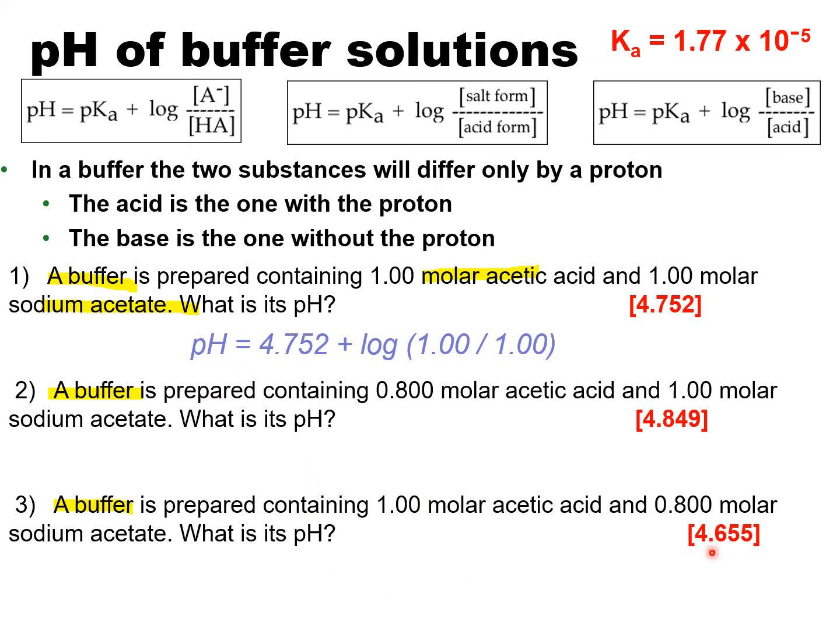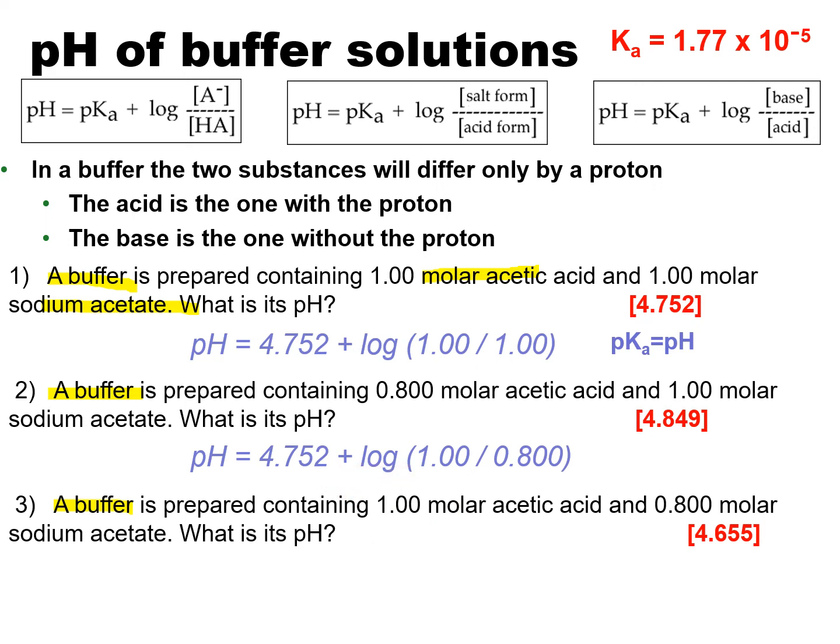The second buffer, the difference is that you have less acetic acid. Because the acid goes underneath, you end up with the logarithm of a number that's larger than 1. The logarithm will therefore come out positive. So you are adding something on top of your pKa.